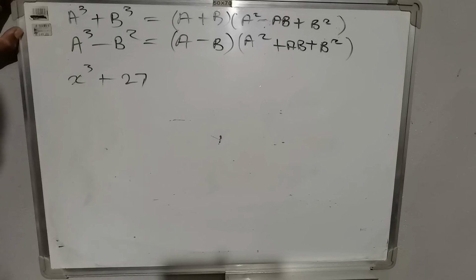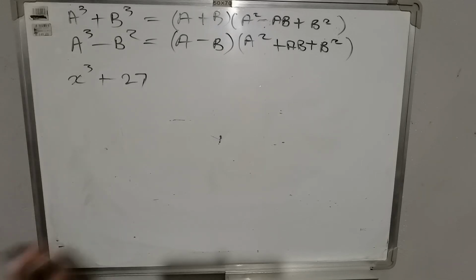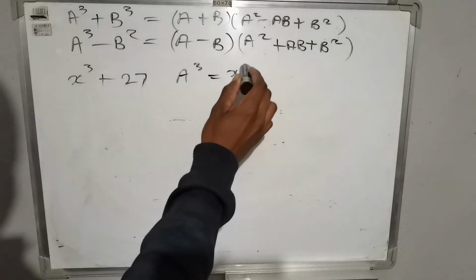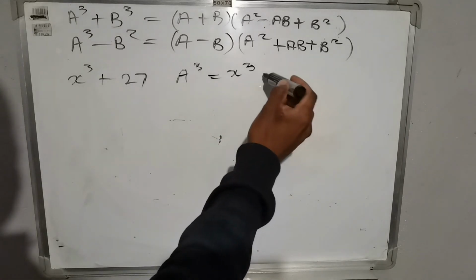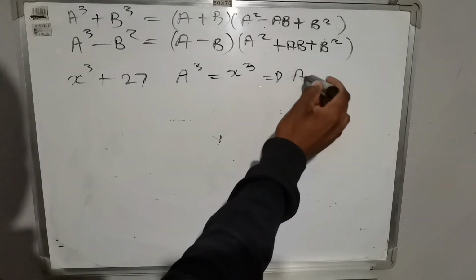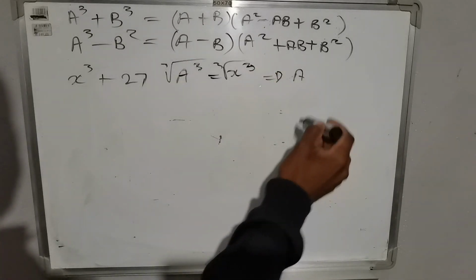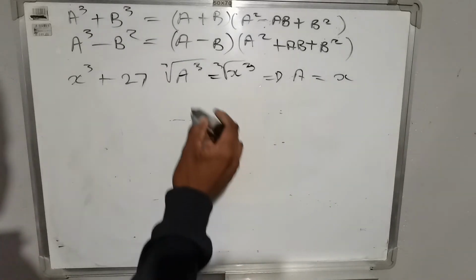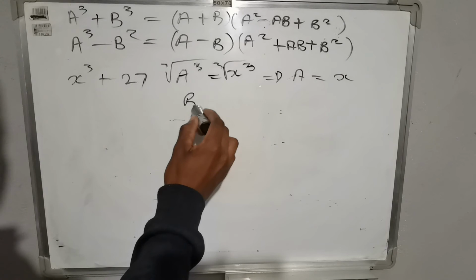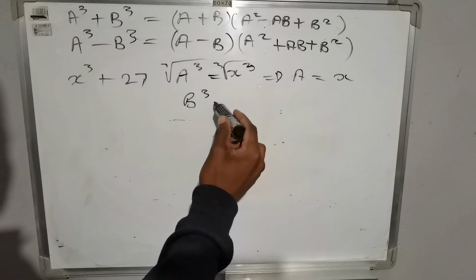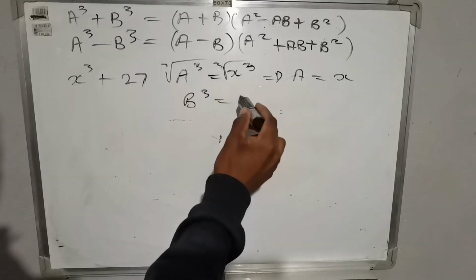Okay, let me give you this. To solve this, you will apply this formula. As I've said, you just have to remember that a cubed is x cubed. So this makes a, if you get the cubed root of this, it would be x. b cubed would be 27, right?